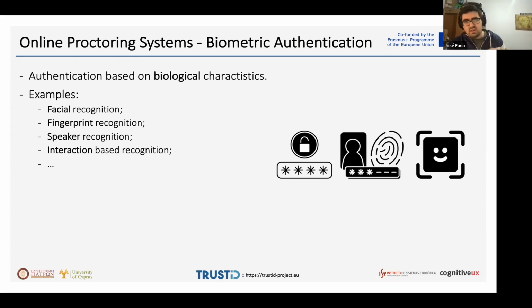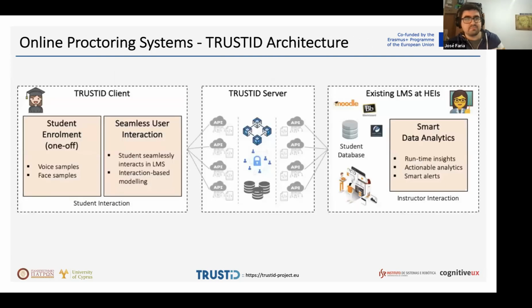This is a big research field, but it's usually not as common, especially in these types of proctoring systems. So generally, what we're going to find is just the usage of face recognition and speaker recognition, which is what we're using in our system, which are the most stable and better implemented ones.